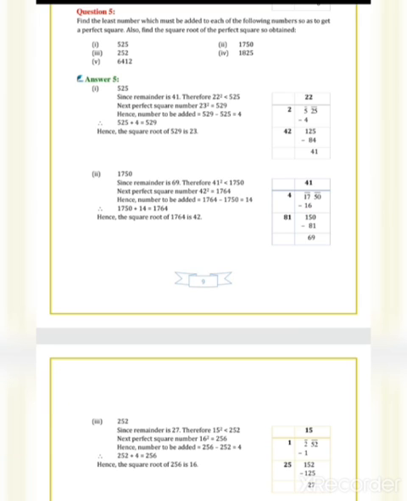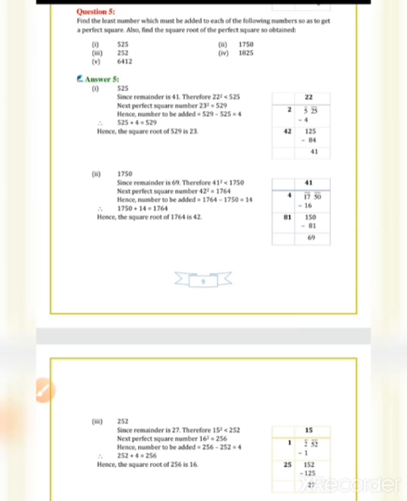And after that 150 minus 81, that is 69. So you can say that since the remainder is 69, therefore 41 square is less than 1750. So there is some remainder, so it suggests that 1750 is not a perfect square.